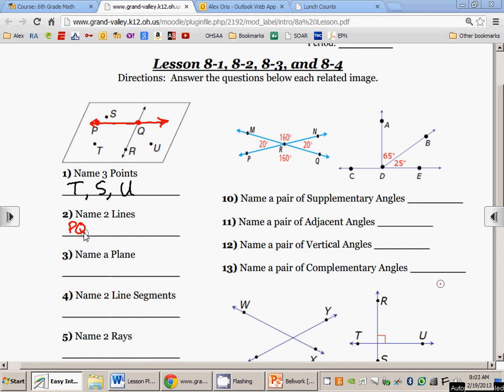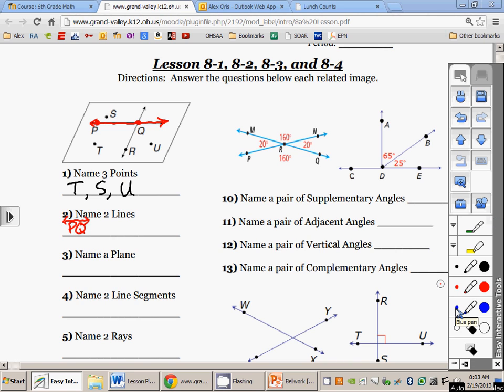I also use the line symbol. If you remember last week when we looked at circles, we used a segment symbol. A segment symbol is just a bar over it. A line symbol would have a bar over it with what on both ends? Arrows. And if I'm going to name a line, that's what it has to look like. Line PQ.